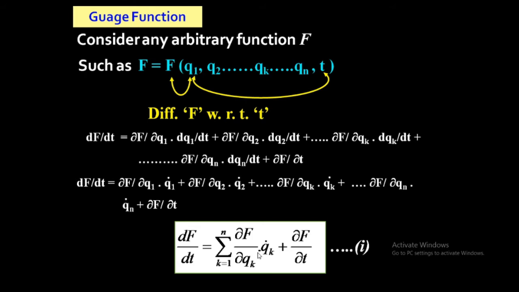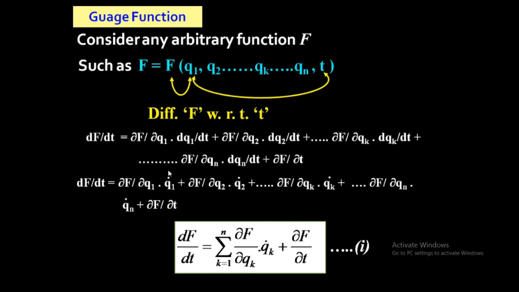So this whole set of terms I can write in the form of summation: summation over k del f by del qk into qk dot, plus this term. K is not here for this last term. It means that the last term will be as it is. It will not come under the summation. So it is equation number 1.